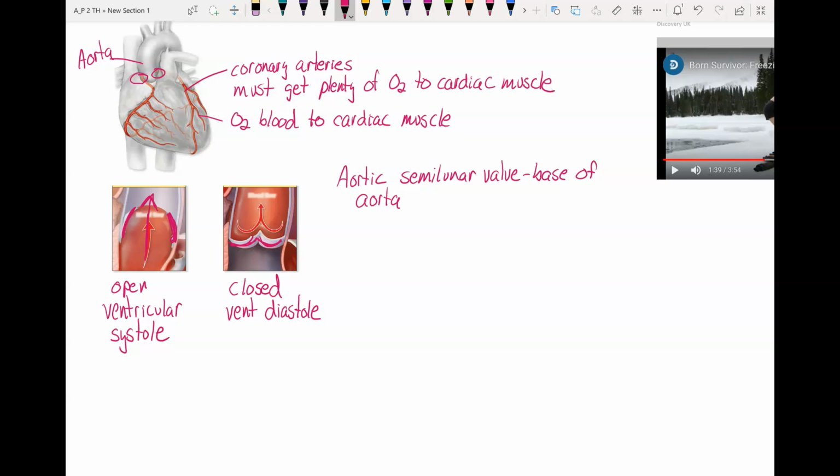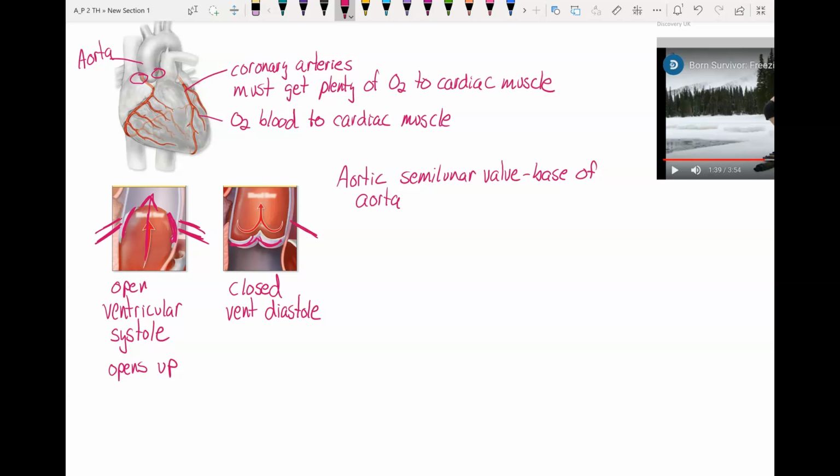Now look at the direction the valve opens. It opens upward. Remember, these coronary arteries are coming out of the base of the aorta. So when it opens, right here are where those coronary arteries come out. The flaps of the valve block those coronary arteries.